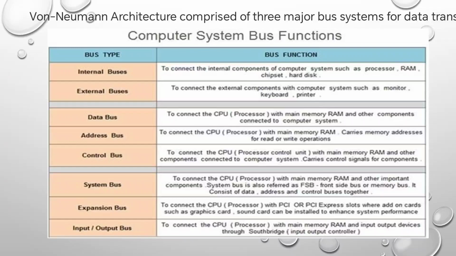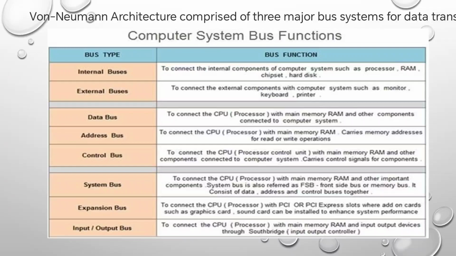Data bus: to connect the CPU with main memory, RAM and other components connected to the computer system. Address bus: to connect the CPU with main memory, RAM, and carry memory addresses for read-write operations. Control bus: to connect the CPU with main memory, RAM and other components connected to the computer system, and carry control signals for the components.